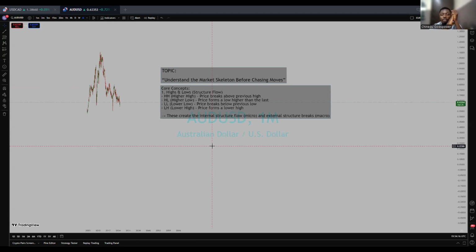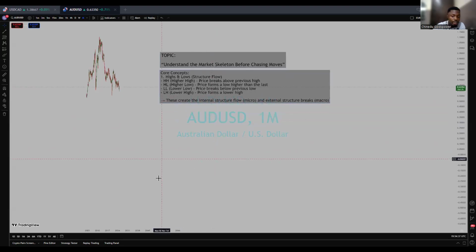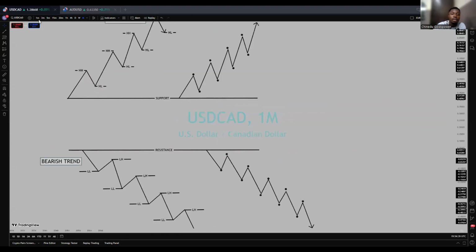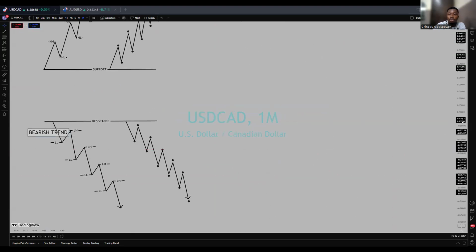Then the lower high, price forms a lower high. All right. So now, if you look below, this creates the internal structure flow, micro, and the external structure breaks, macro. This is what we're going to be learning in our class later tomorrow, breaks of structure and change of character.